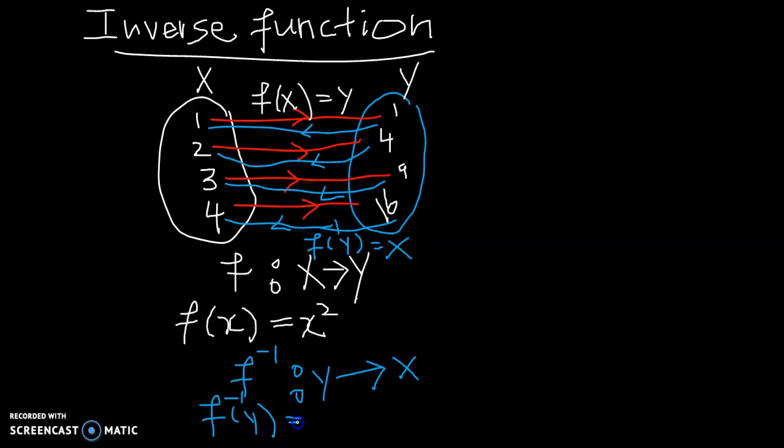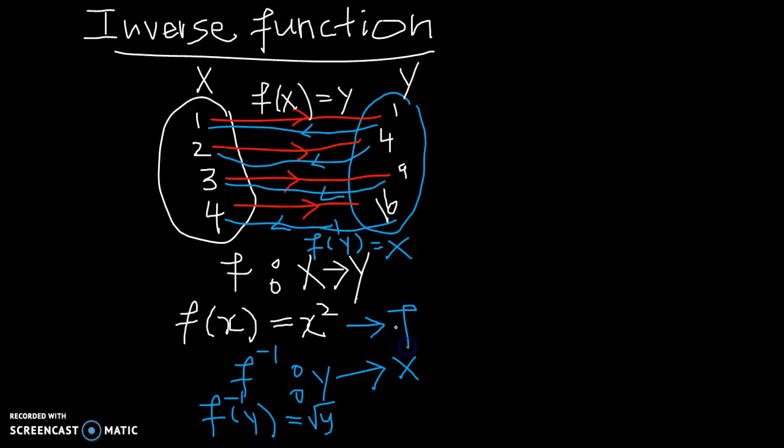So the function actually is the square root of y. What is the square root of 1? 1. What is the square root of 4? 2. What is the square root of 9? 3. What is the square root of 16? 4.